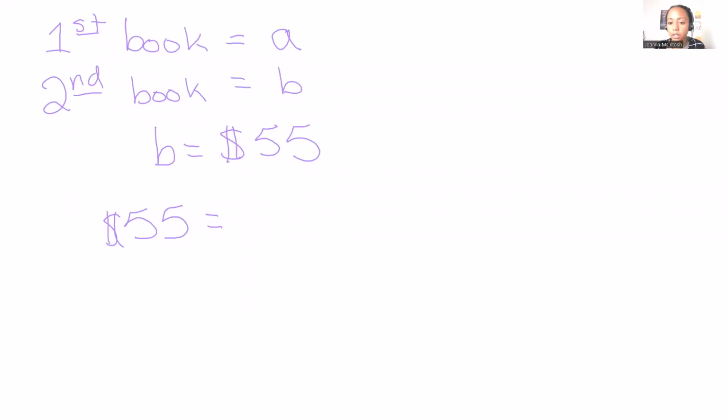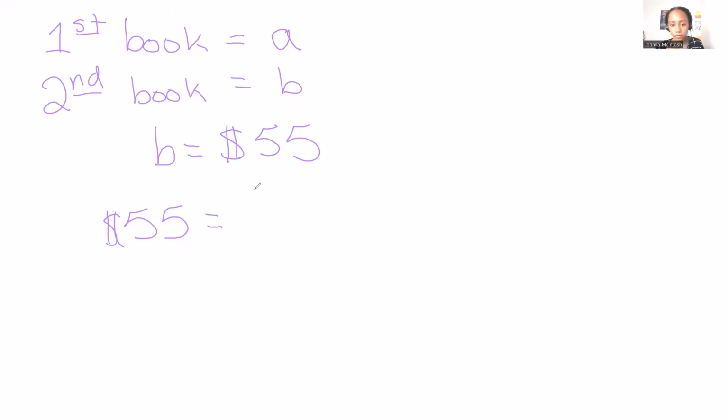Okay, so B is equal to $55. So the second book is $55.